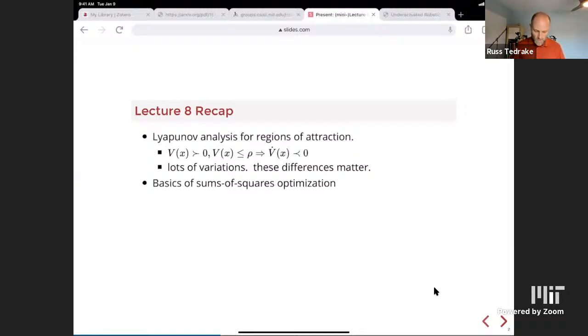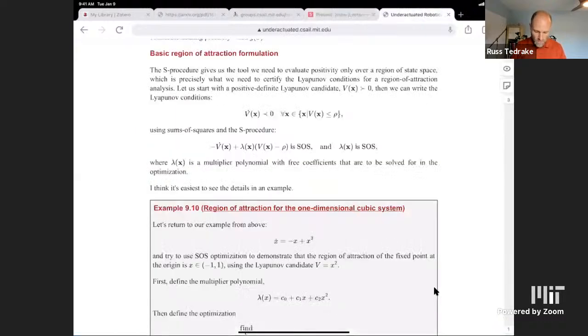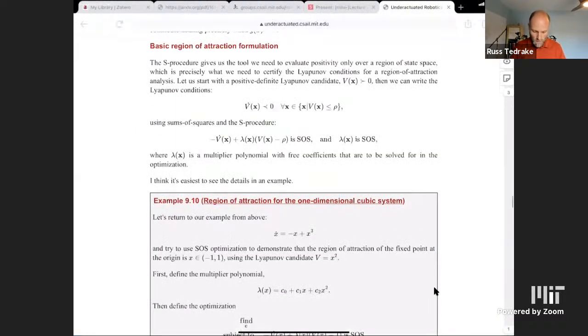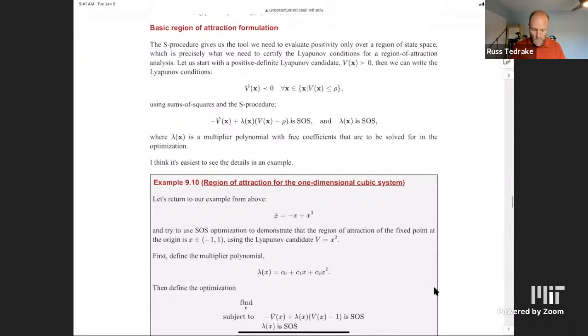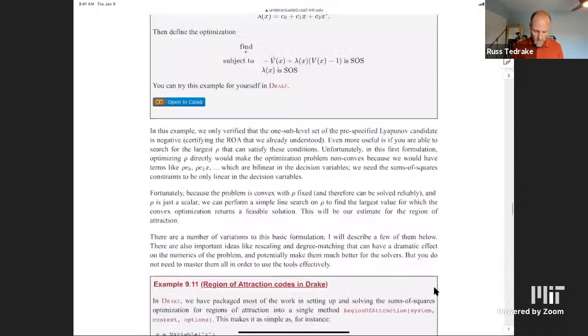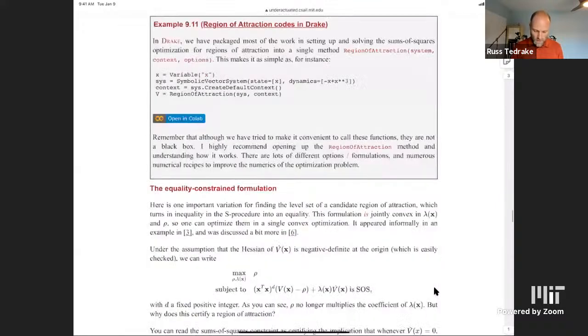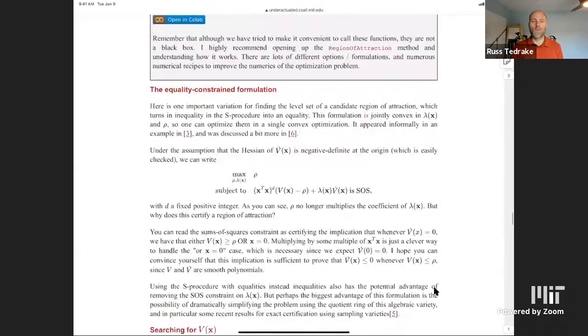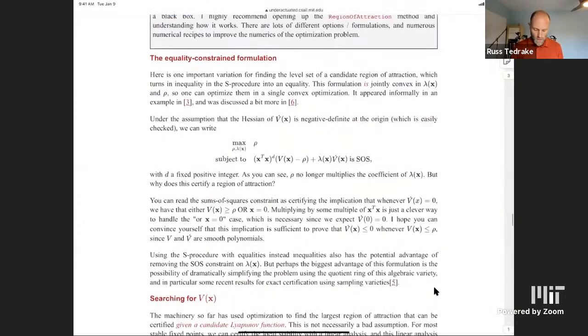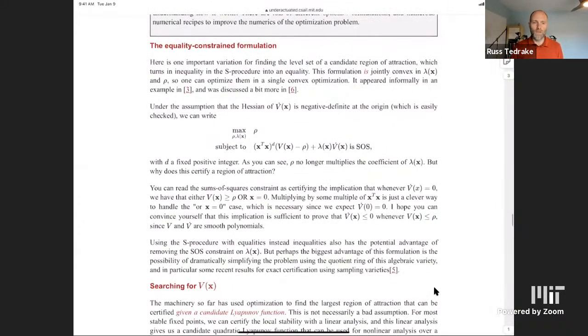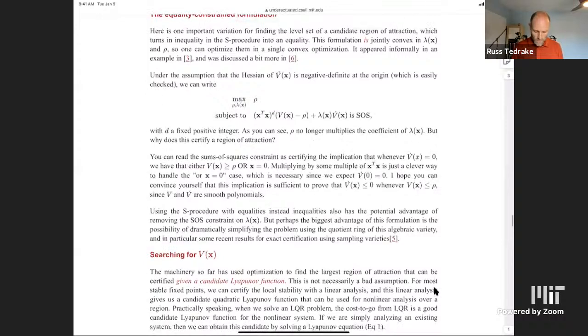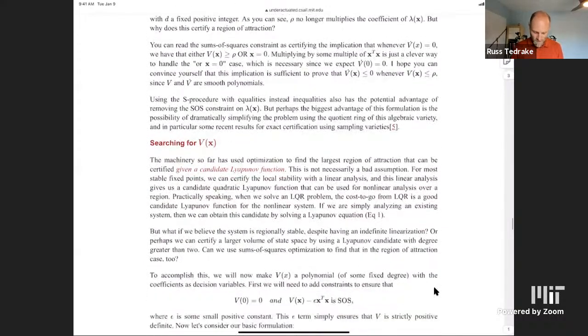I spent some time this morning filling in the notes on this, so those probably weren't there when you read them the other day. I wrote through the basic region of attraction, and then the alternatives, what makes them good and bad, and the equality constraint formulation, which I wrote quickly on the board in the lecture. These are all hopefully solid in the notes now. If you catch anything, please tell me.